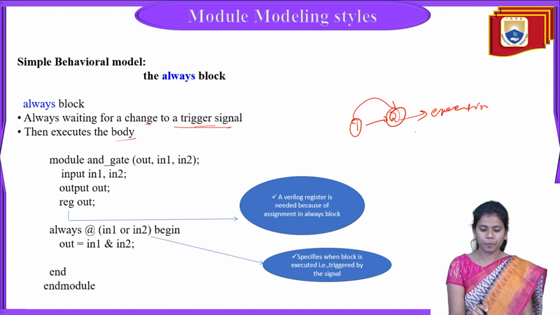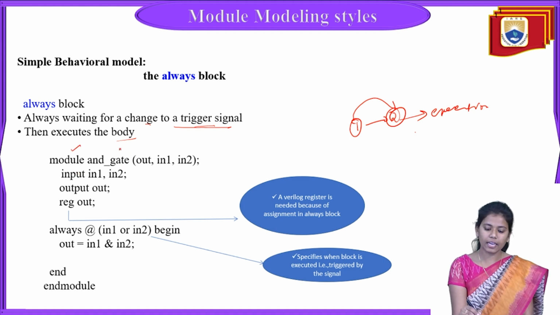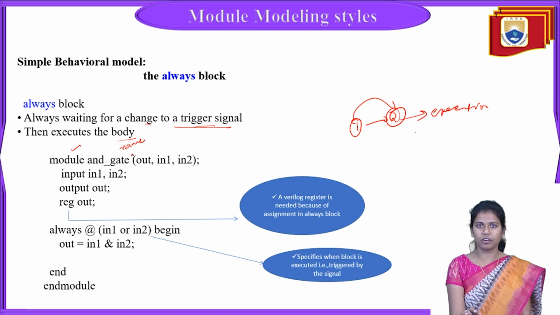Here if you observe the syntax, we have a module and gate. Module is a keyword, and the AND gate is the name of the digital circuit, a particular digital device. And these are nothing but the port list.